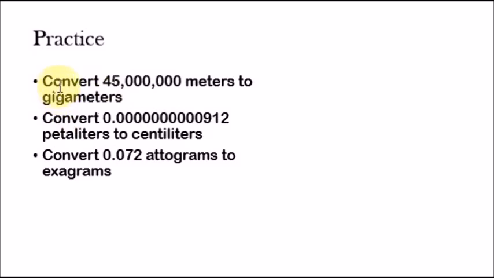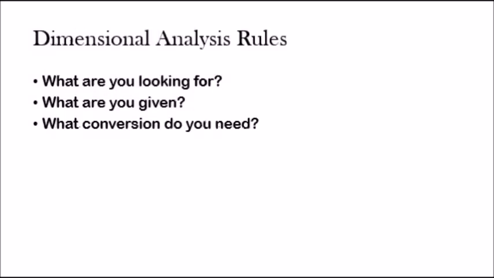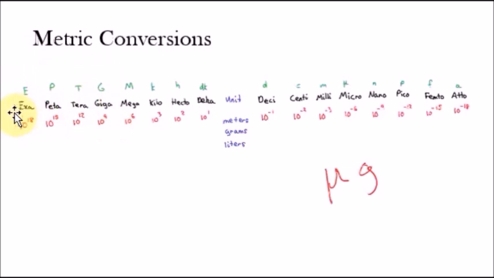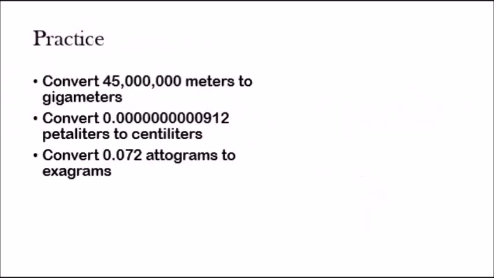So we have: convert 45 million meters to gigameters. What we're going to do here is first ask ourselves, what are you looking for? We're looking for gigameters, and if you look here, the abbreviation for that is capital G, little m.